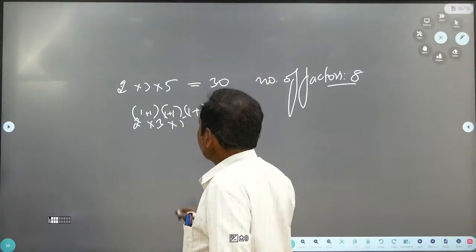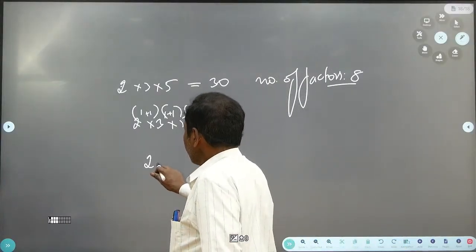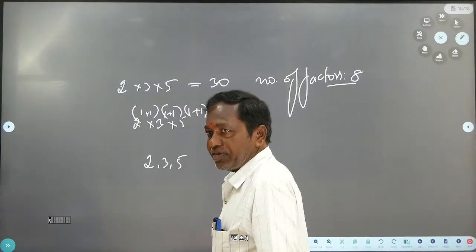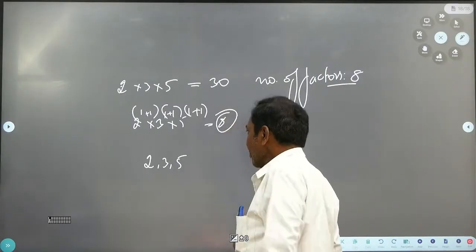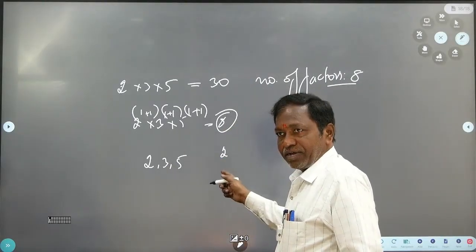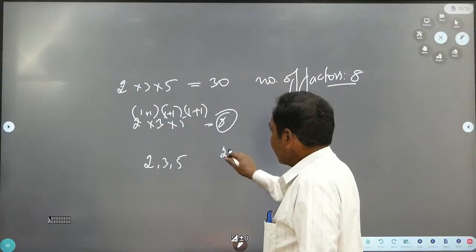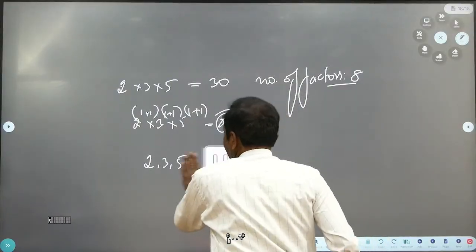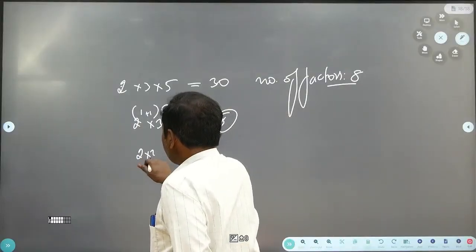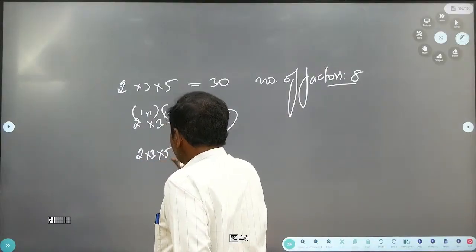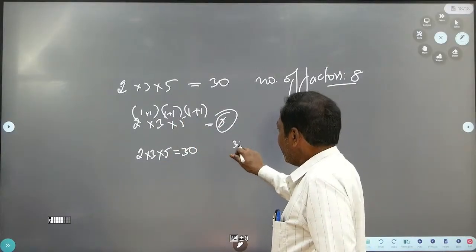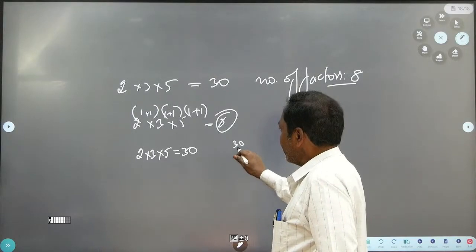And see now, you can say 2, 3, 5. What are the factors of this number? Product of this. Now 2 into 3 into 5 is equal to 30. 30 is an even number, so 30 can be divisible by itself.